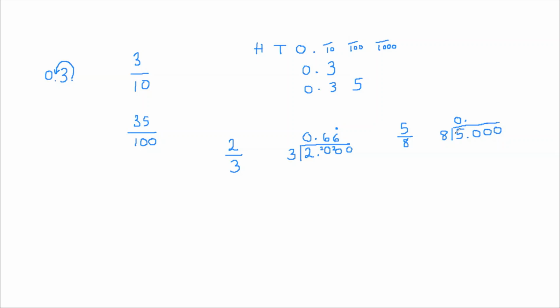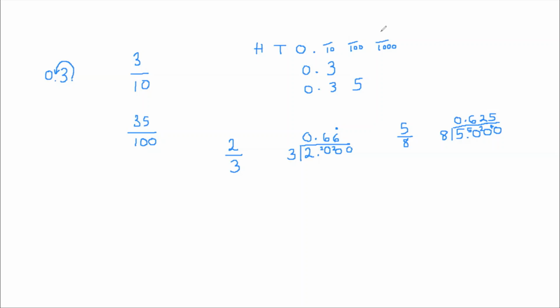So 8 will not go into 5, so I'm going to carry that 5 over. 8 will go into 50 6 times. 6 times 8 is 48, so I will carry 2 over. 8 will go into 20 twice, leaving 4. Carry the 4 over. 8 will go into 40 5 times. And I have converted 5/8 into a decimal of 0.625.